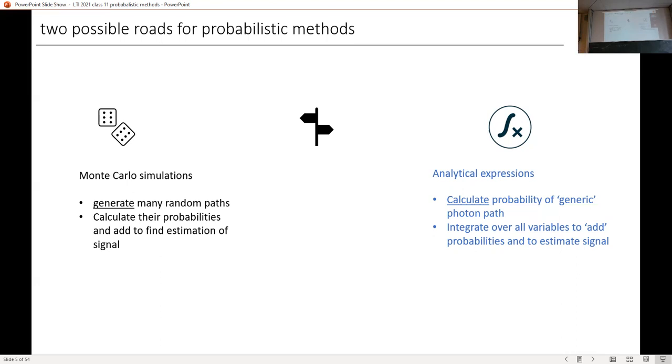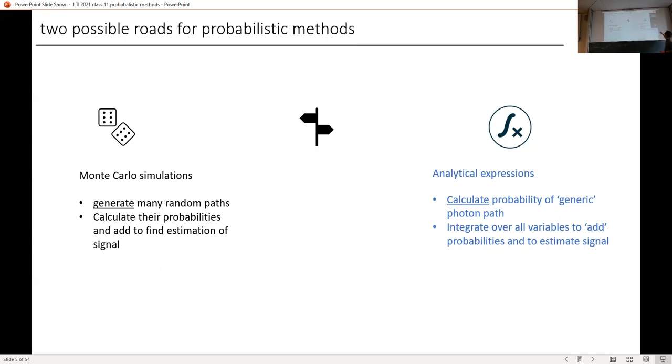And with all these assumptions or methods, we can basically take two roads. We can either implement Monte Carlo simulations. That is what we have seen before. That would mean, based on these functions, generate many random paths, calculate and score the probabilities of these paths, and add them all together to get an estimation of the signal.